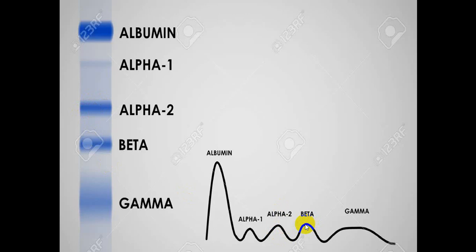You can see the peak is the same height, but gamma is shorter than them, and alpha 1 is far shorter. You can't even see the band. Whereas albumin has the highest and longest peak. The peak is very high, so that is albumin.